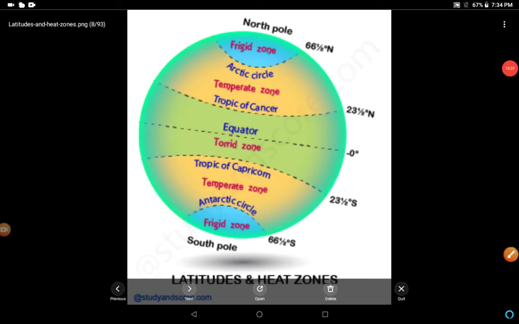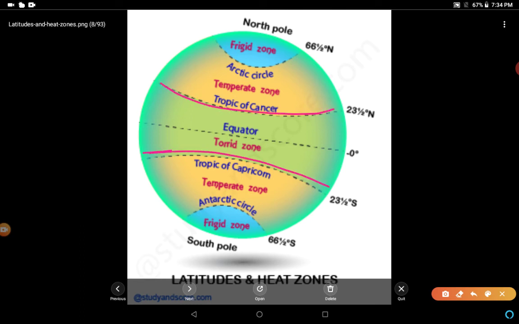We are discussing the heat zones of the earth. Clear? As we have discussed, this is the hottest area, because sun rays are coming directly in this area. It is also known as the equatorial area. So other parallels, Tropic of Cancer, 23.5 degree north, because it is situated to the north of the equator.